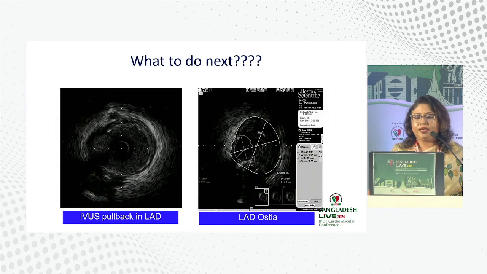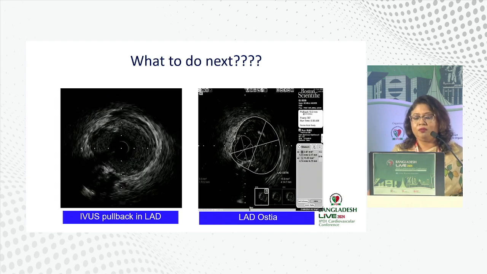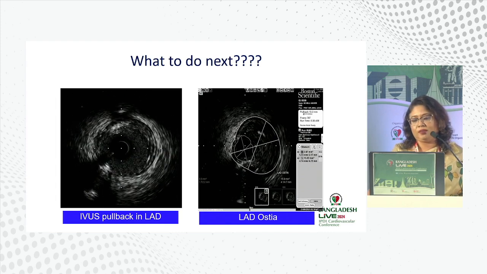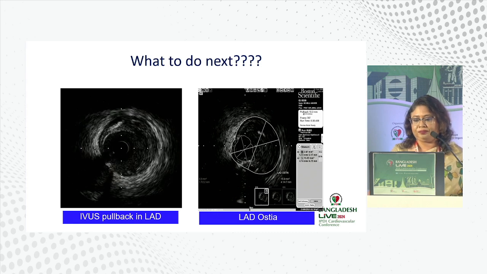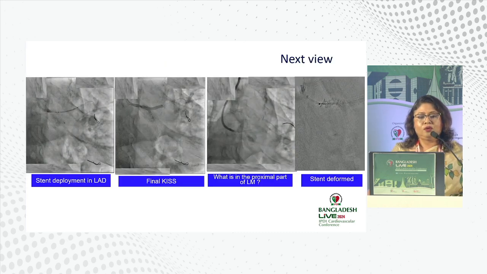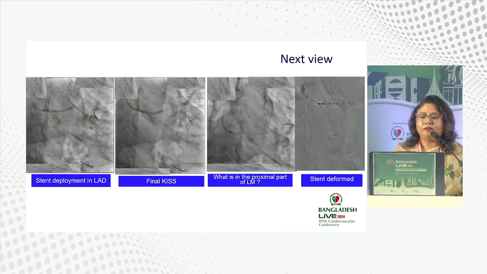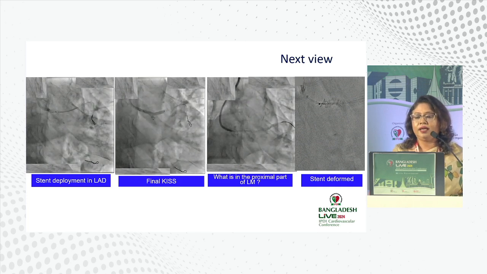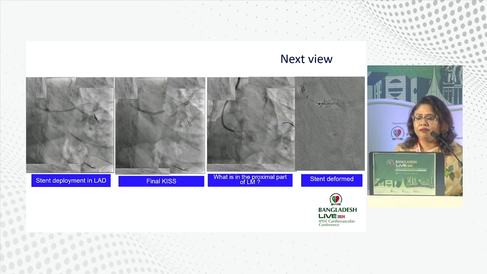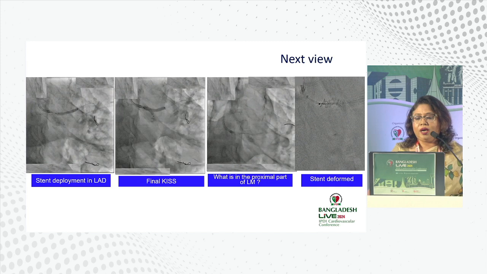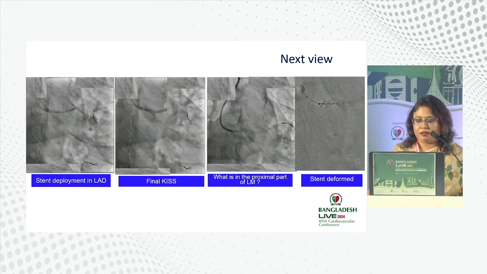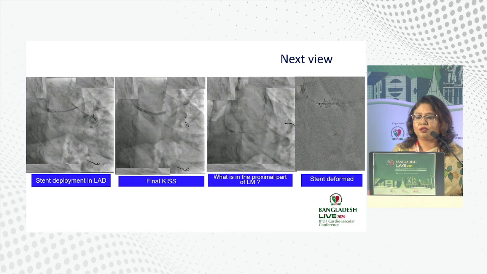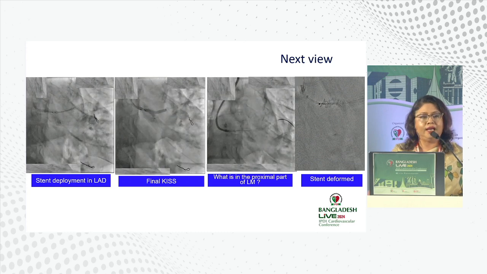So what to do next? We again pulled back IVUS to LAD. It showed that the MLA had gone down to 2.9. So we deployed a stent in LAD, then final kiss. Then after that, while disengaging the guide, we had a shot, and it showed that there is something wrong with the LM.